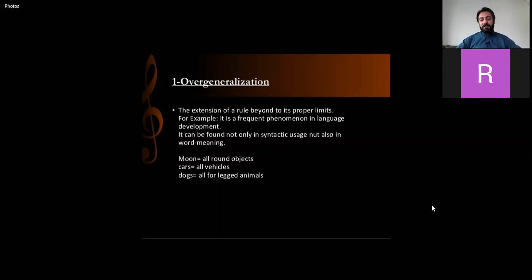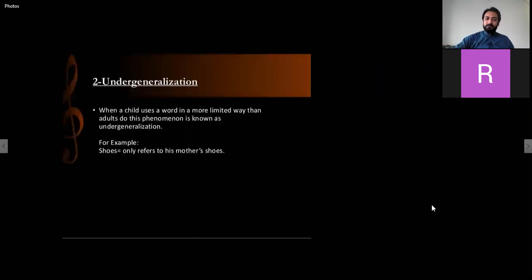Later on, they have to be told that in the day it is called sun and in the night it is called moon, and both might have the same round shapes. So the children in the beginning definitely overgeneralize the language, and not only the words but also the other sentences.